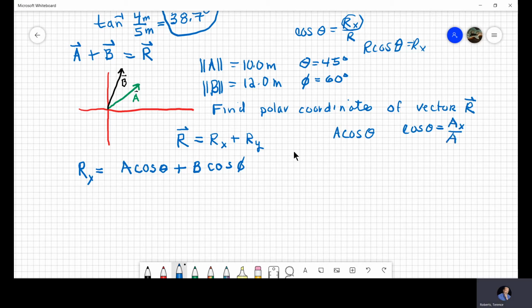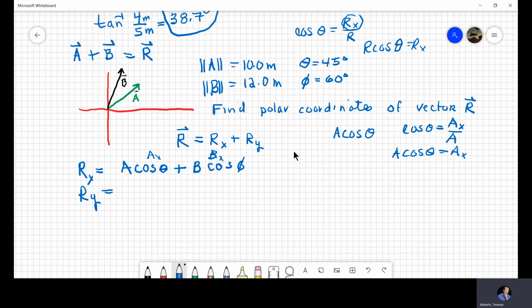And so this becomes A cosine theta equals A of x. So here we have A of x, and this is representing B of x. So we have all the x's there. We're just adding them up.